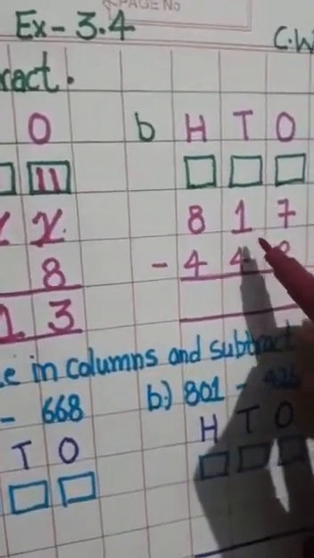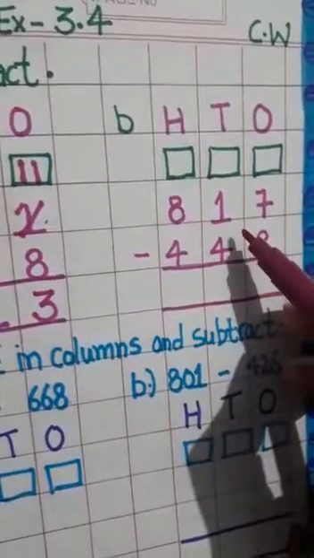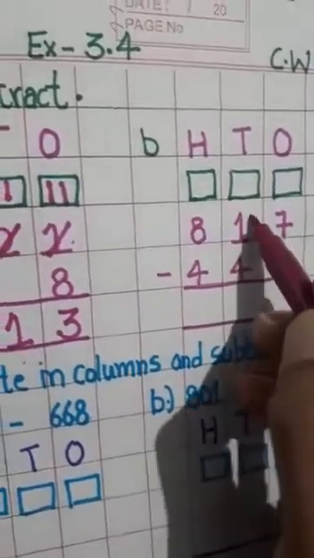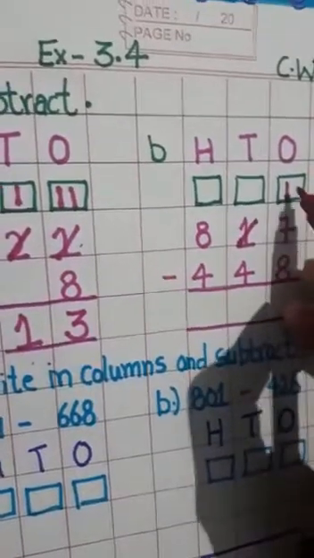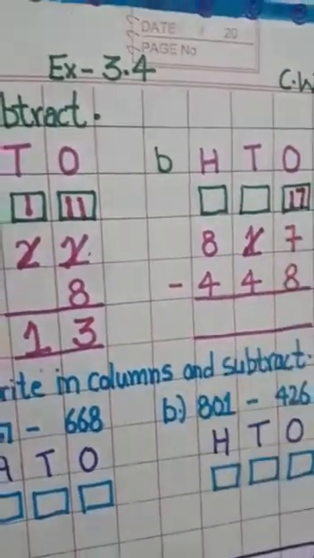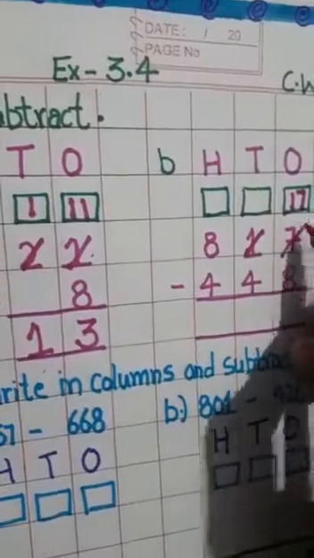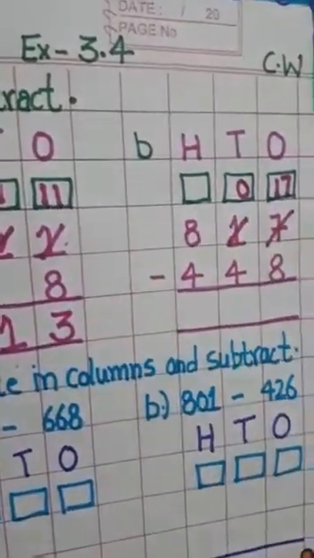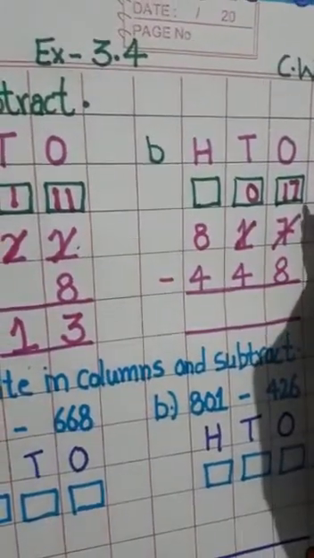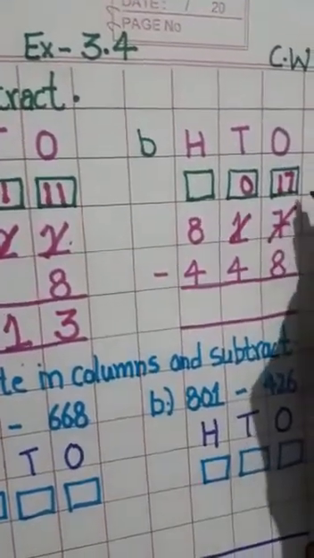Who is our neighbor now? Tens is our neighbor. So we will cut this and we will add 10 to 7 ones. Now it is 17 and here nothing is left, it means it is 0. Now we can easily subtract 8 from 17.